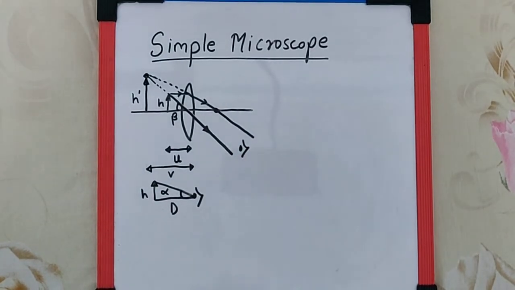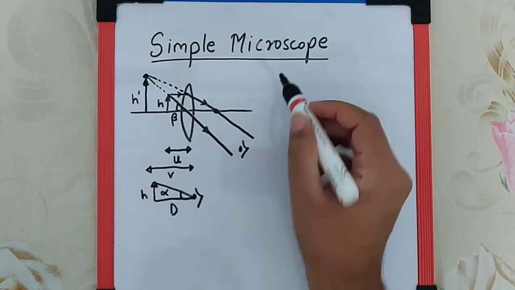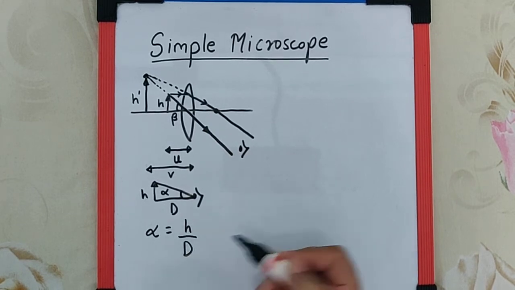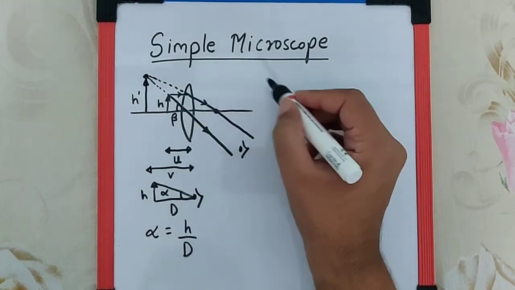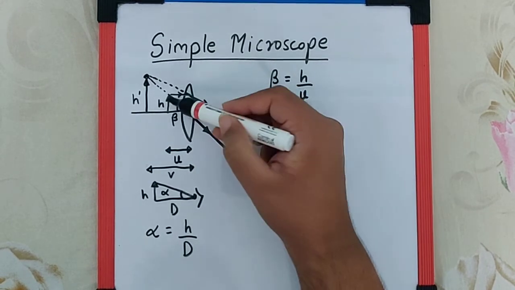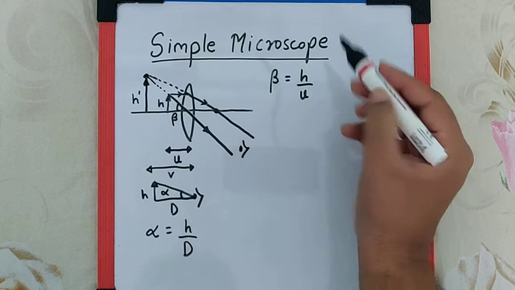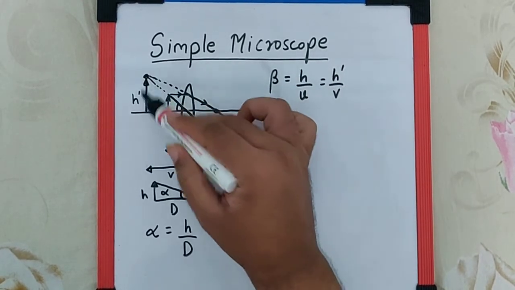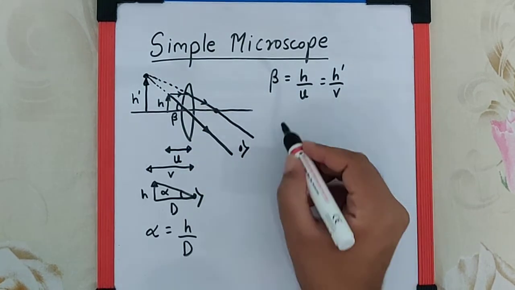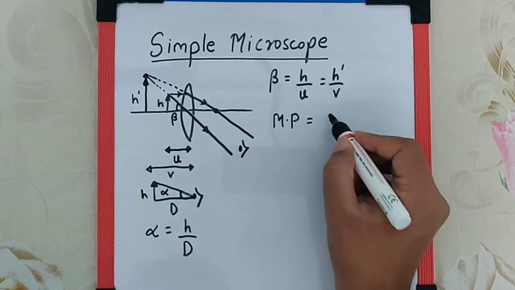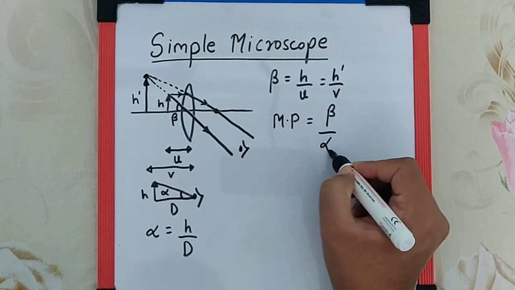So now once you have understood all the terms used over here, we can say from the diagram alpha is going to be h by d, and beta is going to be h by u from the smaller triangle, or h dash by v from the bigger triangle. Now the magnifying power of a simple microscope has the general formula beta by alpha.